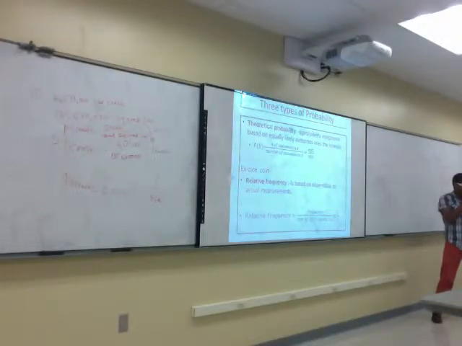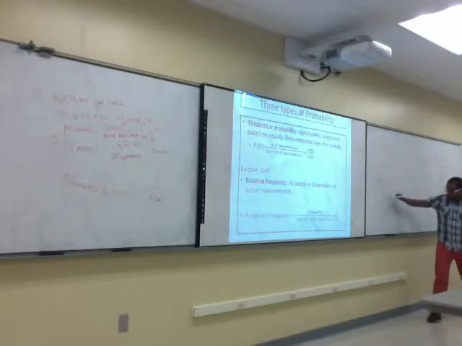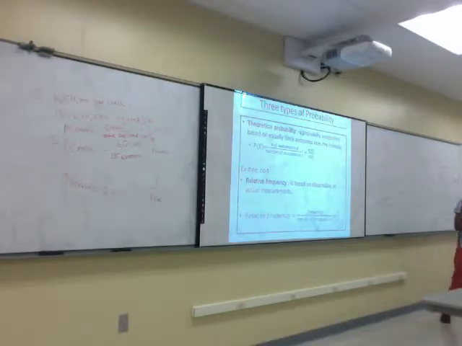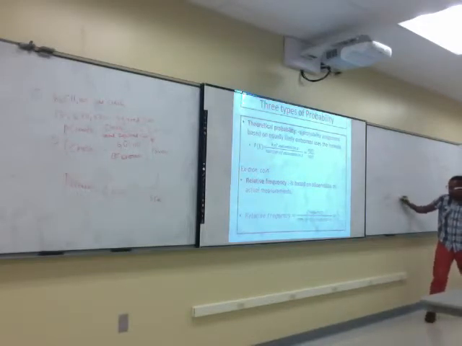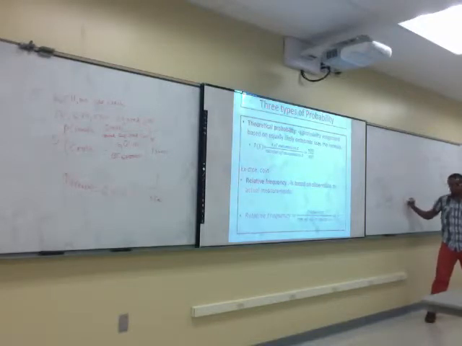I'll do the same thing for tail, multiplying 1 over 2 times 1 over 2, which is 1 over 4. The same here, 1 over 2 times 1 over 2, which is 1 over 4.